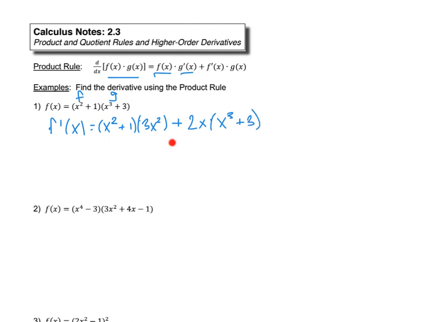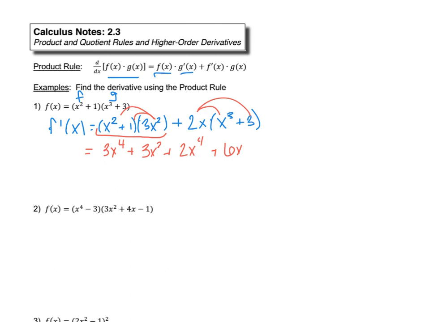We have the derivative here. Now it's just a matter of simplifying. So this first product, I can actually just distribute 3x squared. So I would get 3x to the fourth plus 3x squared, plus, and likewise here I can distribute the 2x, so that would be plus 2x to the fourth plus 6x.